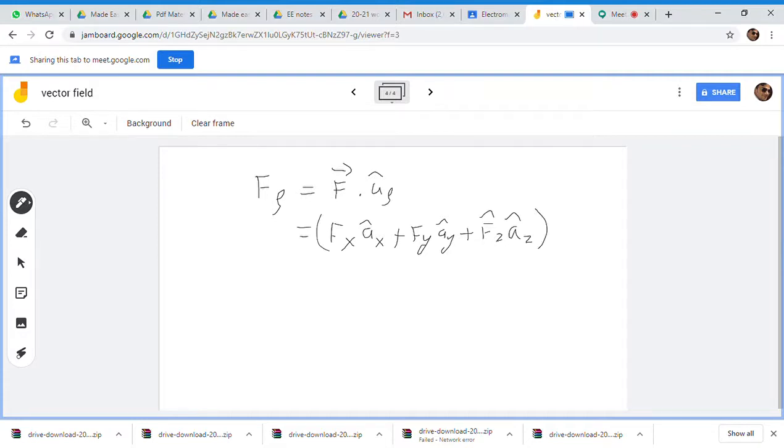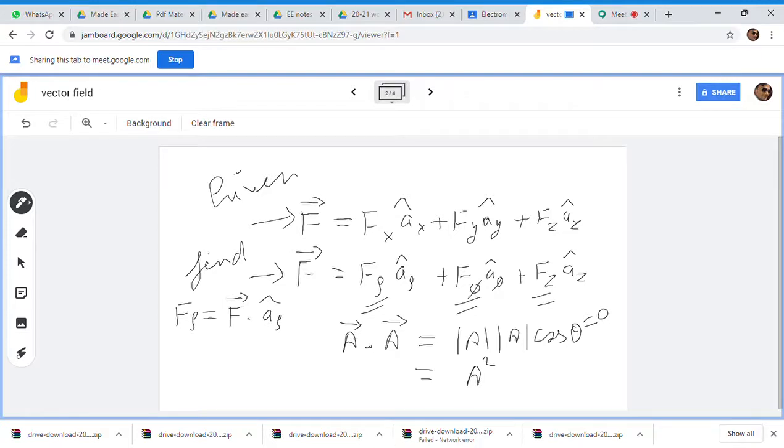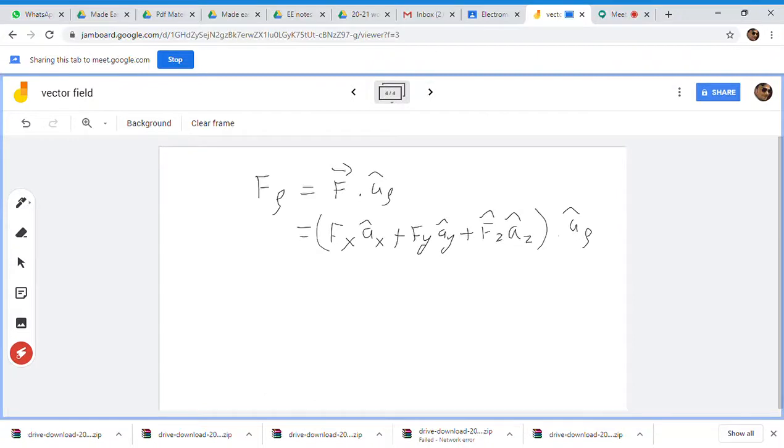We are taking the dot product of this with a rho. You can see here that these two F are the same. This F is in xyz coordinate and this F is in cylindrical coordinate, but they are the same vectors, just represented in different coordinate systems. So we can always write this. This is always right.